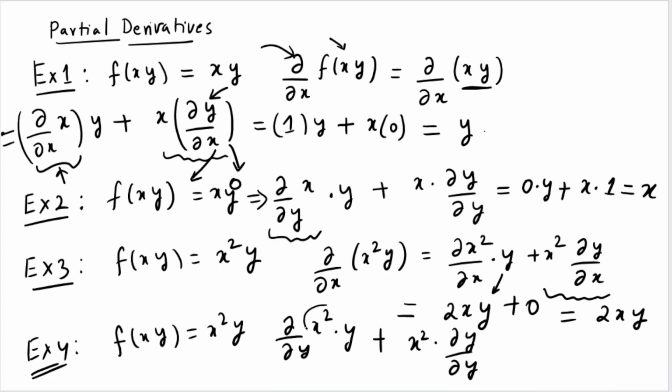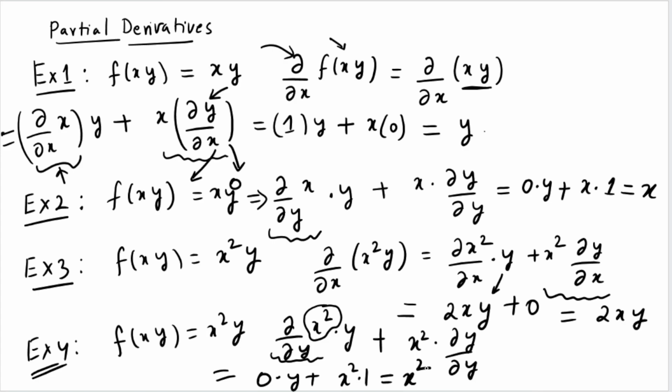Since x is to be treated as a constant, x squared will also be a constant. Therefore, this term will give me 0. And as before, the second derivative will give me x squared times 1. So therefore, the partial derivative of x squared y with respect to y is equal to x squared.